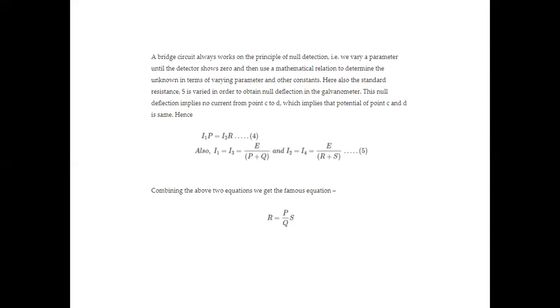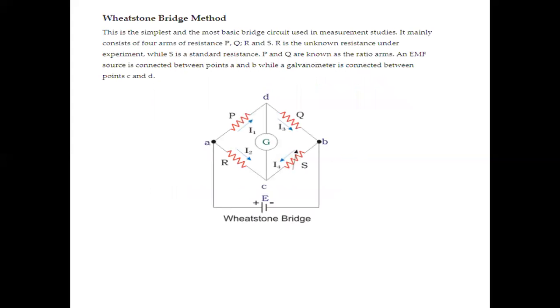If both potentials are the same, then the current flowing through that link should be zero. According to the bridge balance condition, the voltage at point D and the voltage at point C are equal.